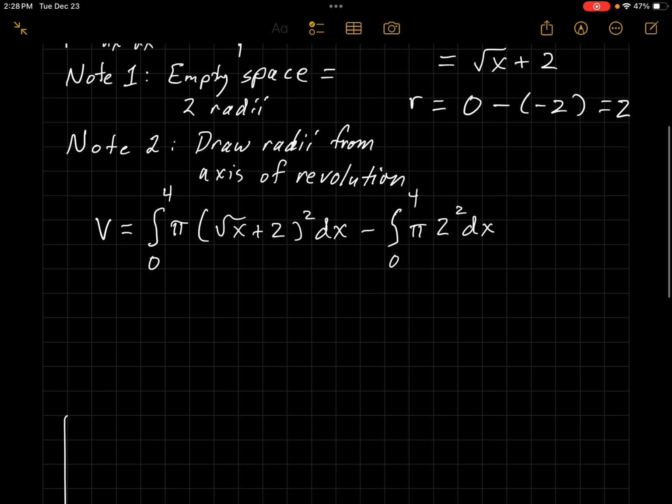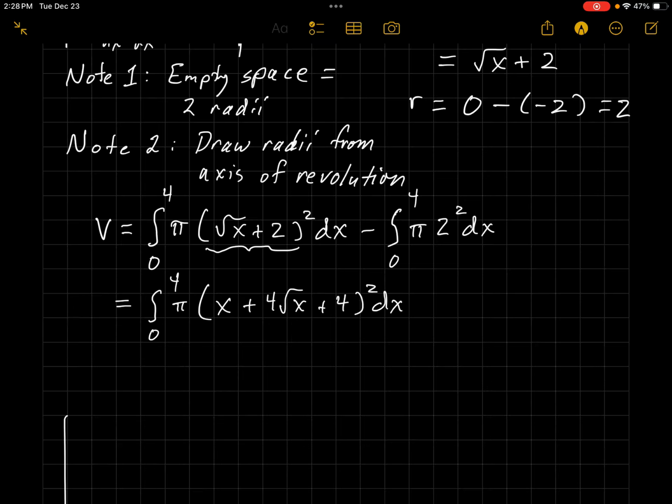Note that when I want to find the volume of this first integral, or do the antiderivative, I really need to multiply this out first. So I'm going to rewrite this first part as x plus 4 root x plus 4.